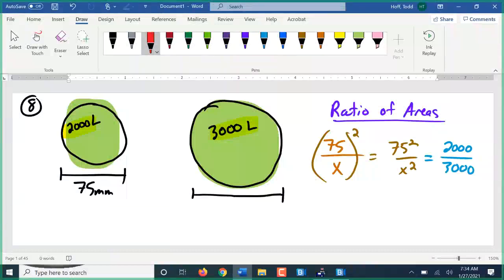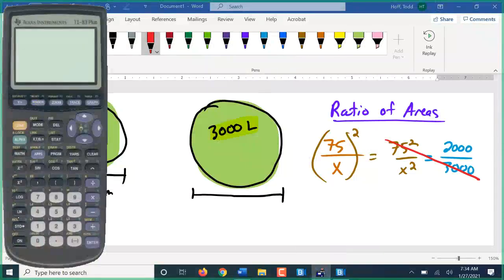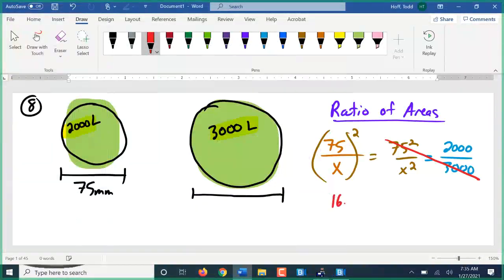So when we cross multiply here, we're going to do 75 squared times 3,000. Squared gives us a huge number, 16,875,000. Has to equal, we cross multiply this way, x squared times 2,000.